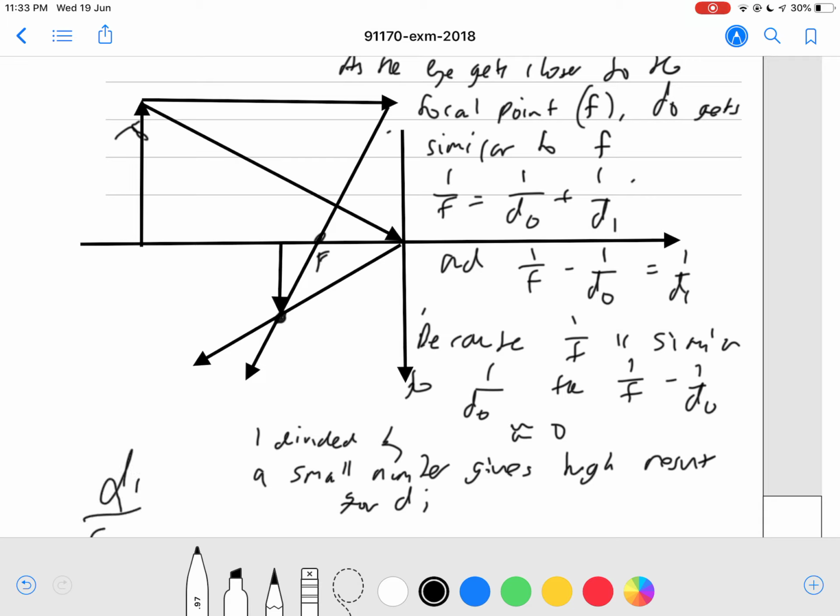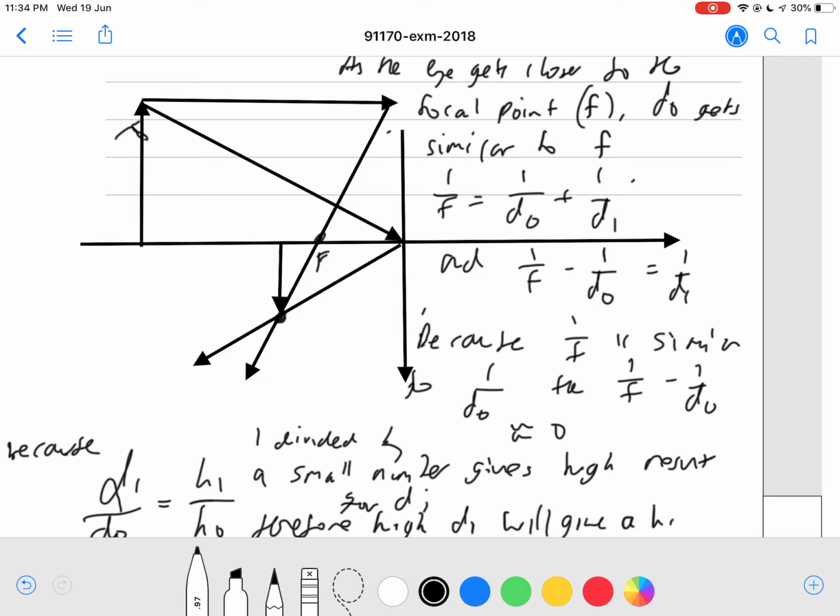Because di over do equals hi over ho, a high di will give a very high hi.